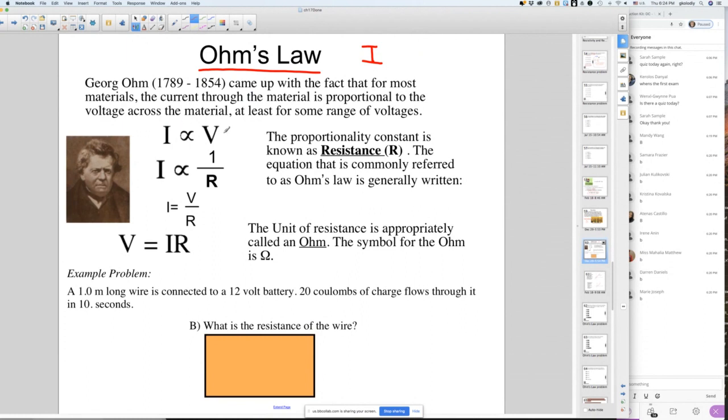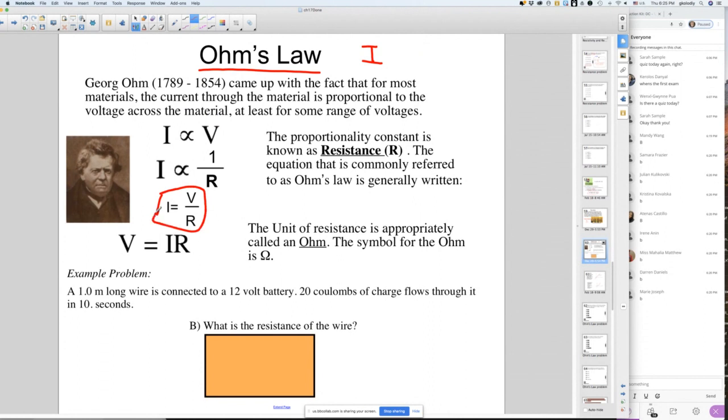That means the more voltage you have, the more current, because don't forget, voltage is what pushes electrons through a wire or through a resistor. And the higher the resistor, the less current. So resistance slows down. Your current is inversely proportional to the resistance. That means the bigger you make the resistance, the smaller is the current. Putting those two together, you result in Ohm's law.